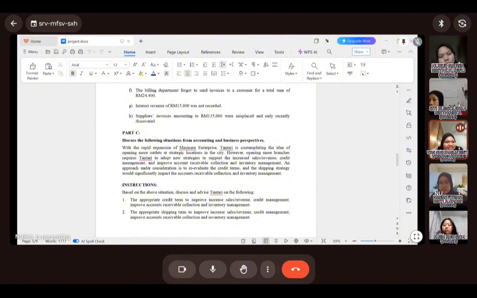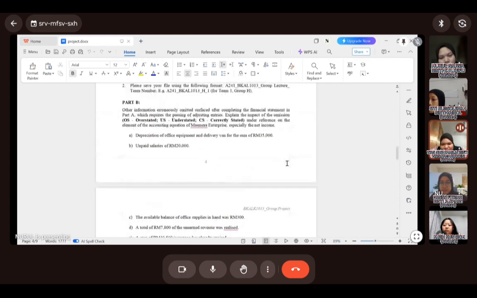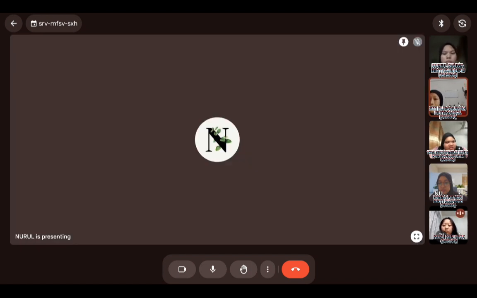Okay, so let's move on to part B. Anyone want to explain this part? I think for this part, we actually need to categorize each of the items with whether it is OS for overstated, US for understated, and CS for correctly stated. That's right.